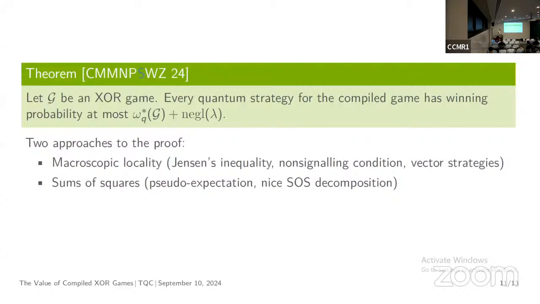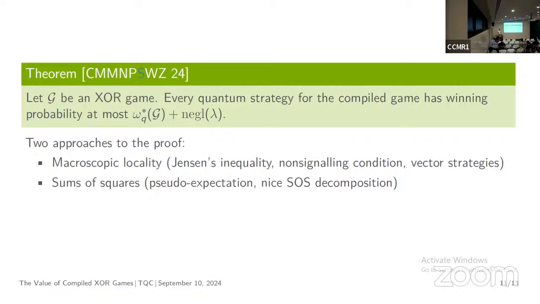Then instead of directly working with the winning probability, one can also look at the sums of squares approach. Knowing that the quantum value is the same as the value of the vector strategies is just the same as knowing that the quantum value will be achieved by level 1 of the NPA hierarchy.